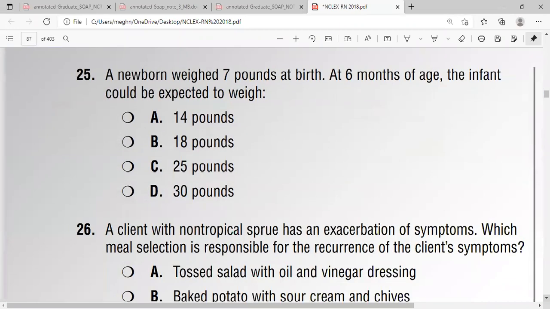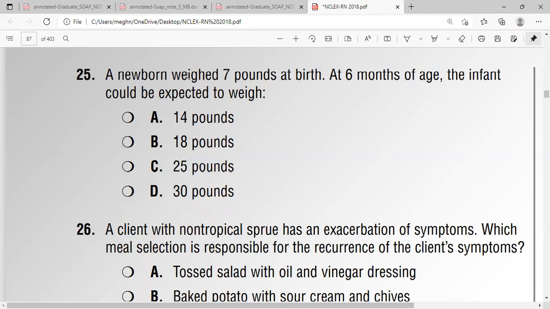Next question. A newborn's body weight is 7 pounds at birth. At the 6th month of age, the infant could be expected to weigh how much? Very important for the NCLEX board exam. 14 pounds, 18 pounds, 25 pounds, and number D, 30 pounds, right?